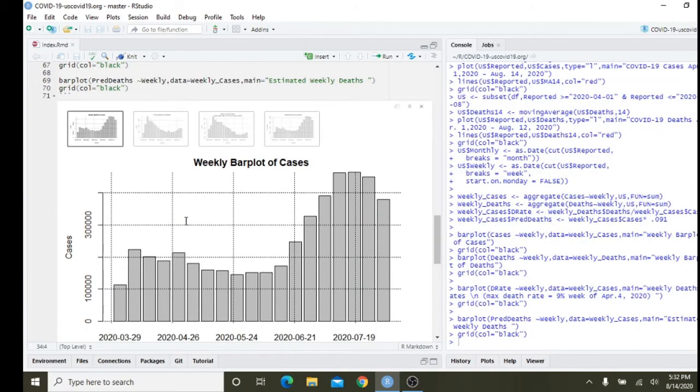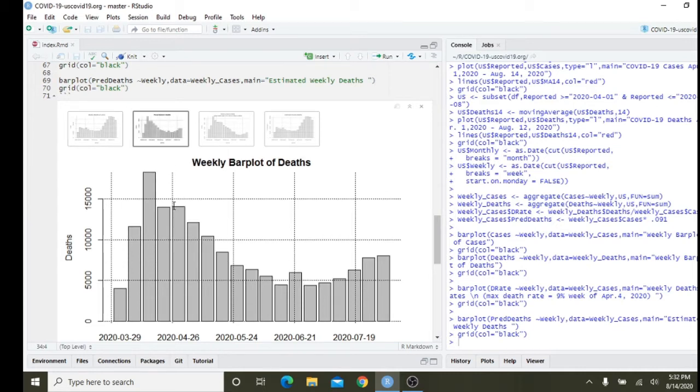Start over here with cases. As we'd expect, we see the weekly cases, as with the daily, began spiking again back around June 1st. Down a little bit last week, and now with one more day to go, it could be pretty close to this one again, but hopefully it'll stay below that one line right there.